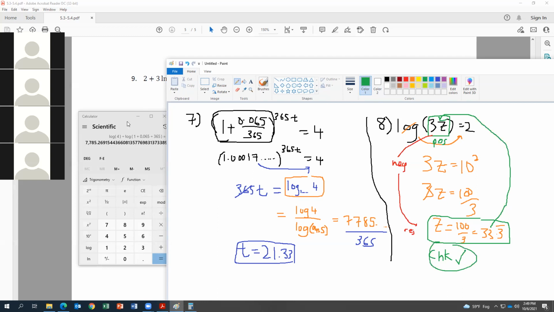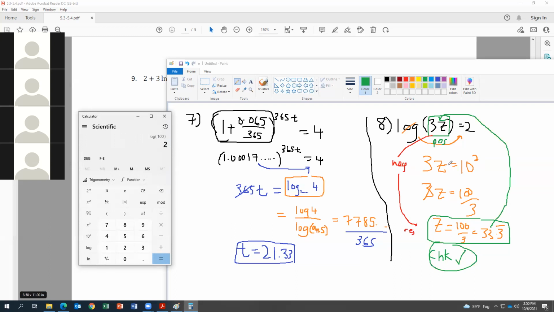But if you want to do the real checking, then you have to plug in here 3 times 100 divided by 3, and then you do the log of it. Oops, sorry. This horrible calculator is very bad. So you will get 2. So this is the correct way to do the checking.